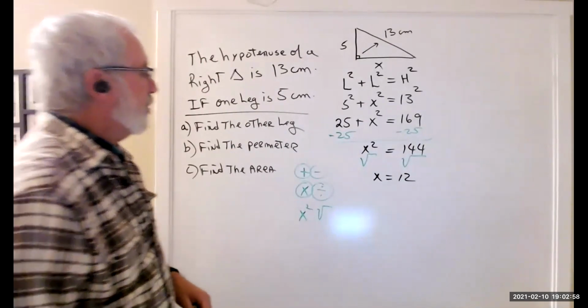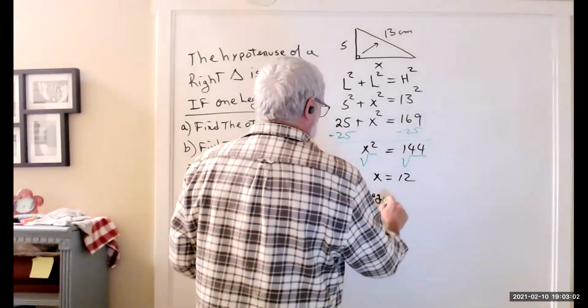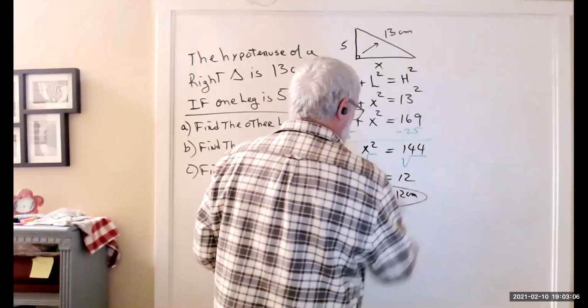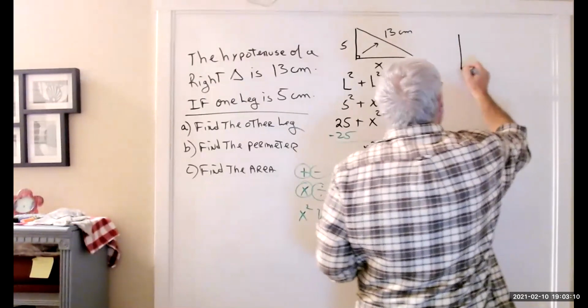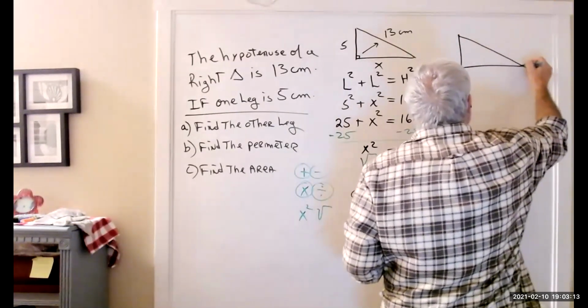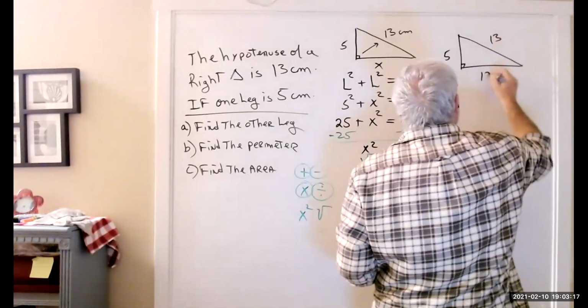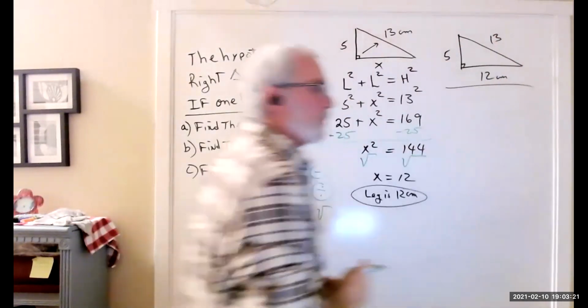So we found the other side leg is 12 centimeters. Boom. So what do I have here? This was 5, this was 13, this is 12 centimeters. That's what the drawing is now.